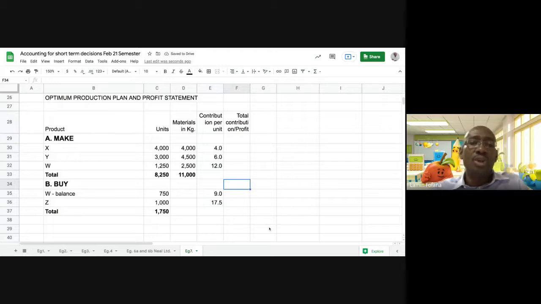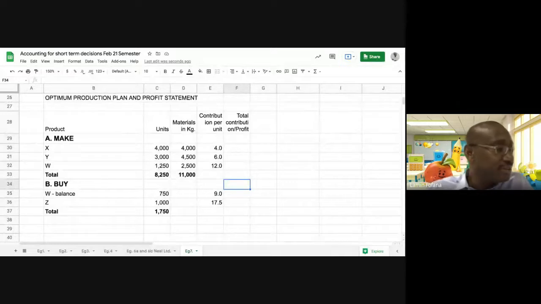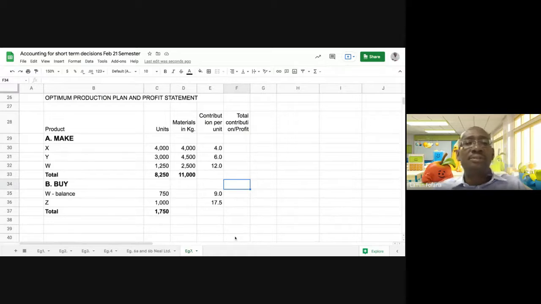Okay, so we have 9 as our contribution per unit for W and the 17.5 as a contribution per unit for Z. Okay, is that clear? So now, this is a good point for us to calculate our total contribution, or our profit.